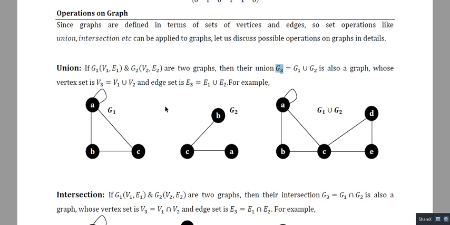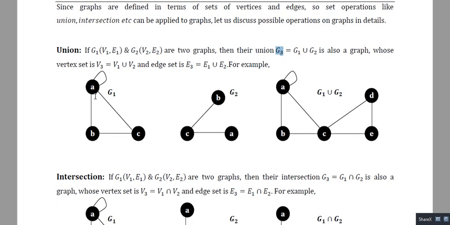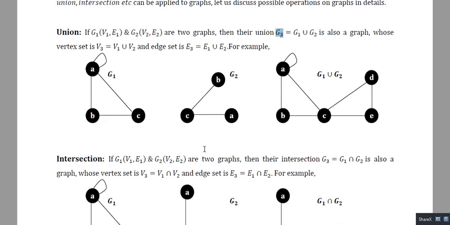Let us take an example. This is, let's say, G1, this is G2, and this will be G1 union G2. Here we have the vertices A, B, C, and here C, D, E. As we know in set theory, when we perform the union operation, duplicate elements are discarded.